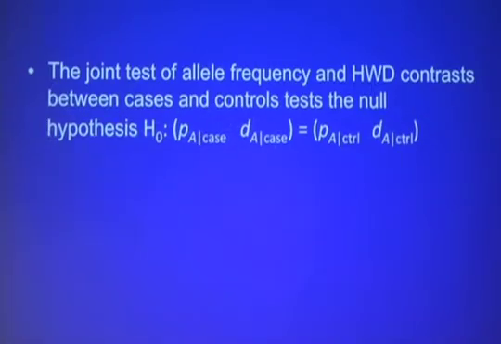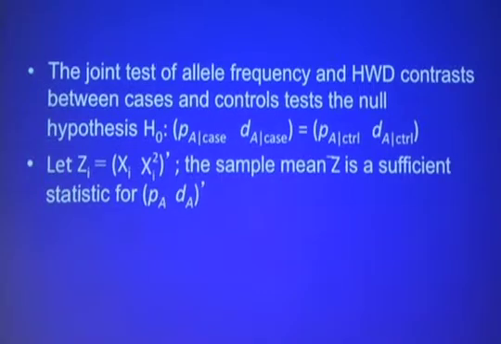Now for a little bit of statistics, if I let, for the ith person, this be x_i and x_i squared, the sample mean of this is sufficient for the allele frequency and the Hardy-Weinberg disequilibrium.